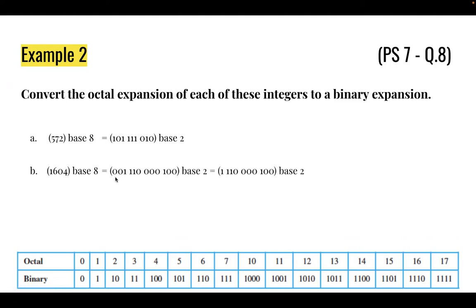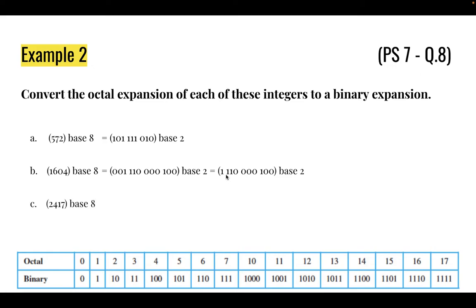So we have 001, which is 1, 110, which is 6, 000, which is 0, and 100, which is 4. This is the base 2 expansion. Note that we have 2 zeros in the front. In our final answer, we can remove those 2 zeros because they won't affect the value in conversions.